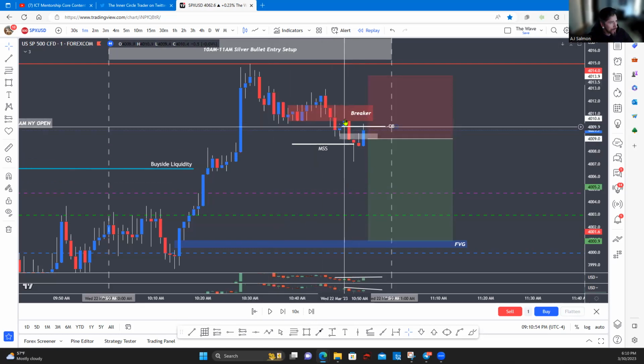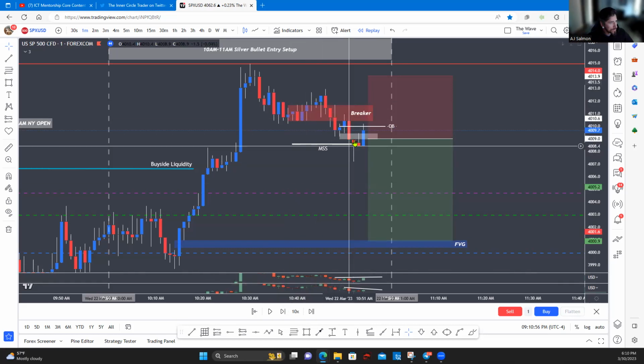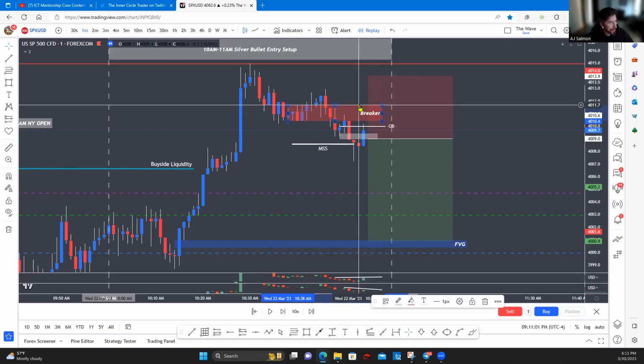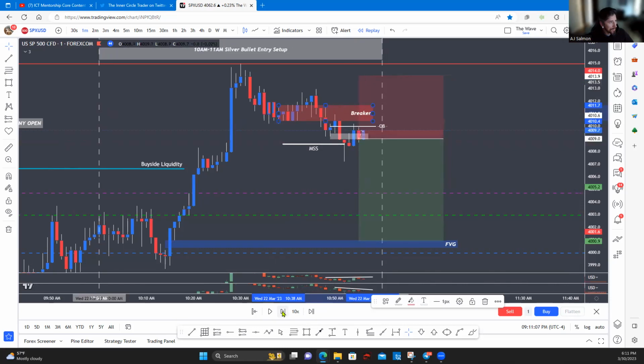So if it comes back up in here, you can also take a second position. Stops up here. You wanted to use this as resistance. You see we don't really go above here. It's respecting this order block and this fair value gap.